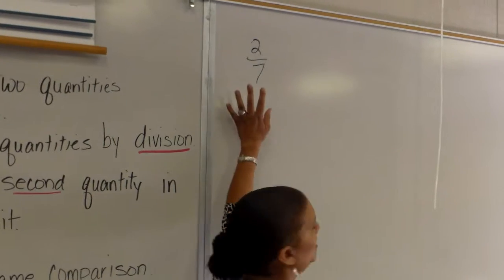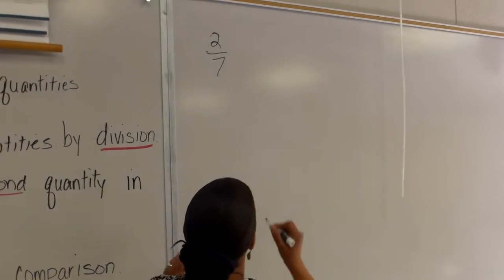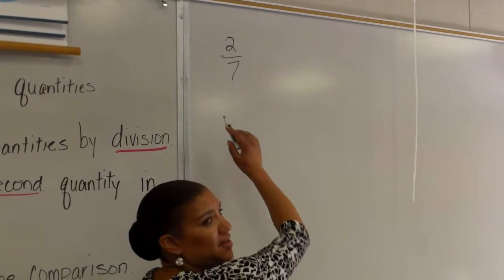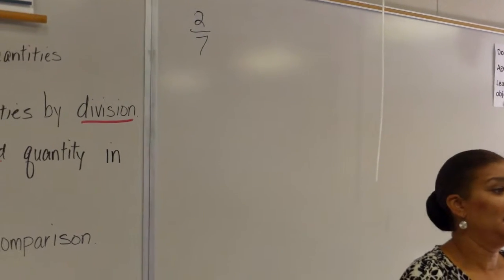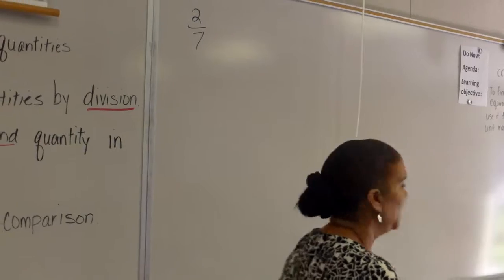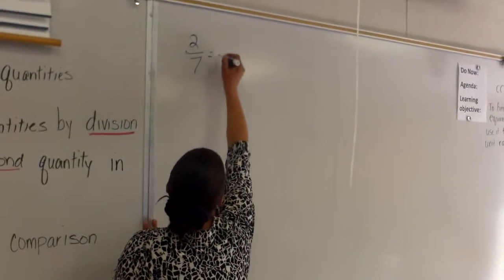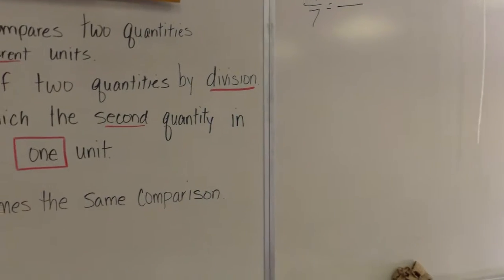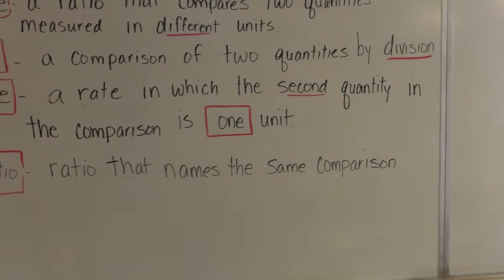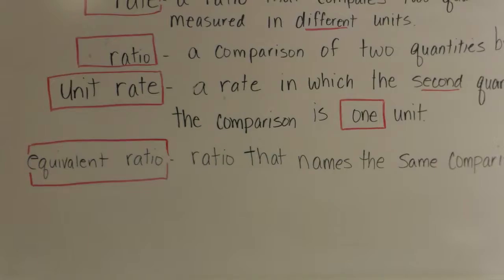I have a ratio of boys to girls. 2 boys to every 7 girls. How do I find the equivalent ratio? The way I find an equivalent ratio is I multiply the terms by the same number.